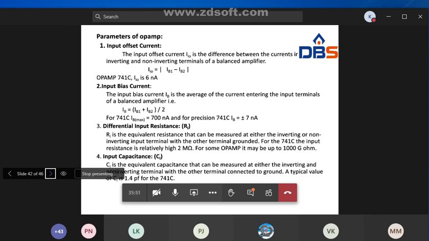Ri is the equivalent resistance that can be measured at either input terminal with the other terminal grounded. The typical value of this input resistance is 2 mega ohms.